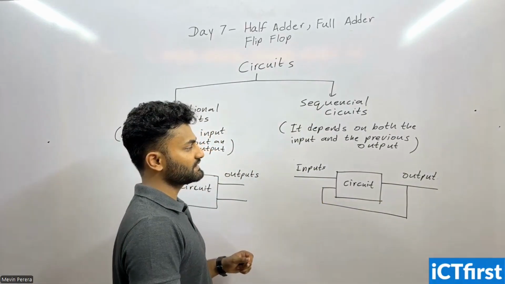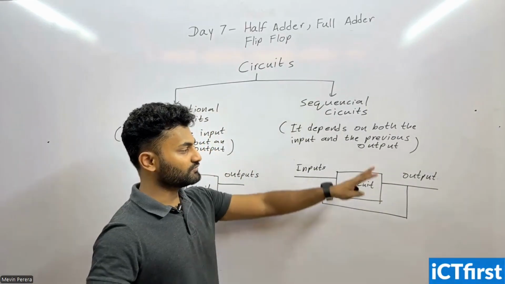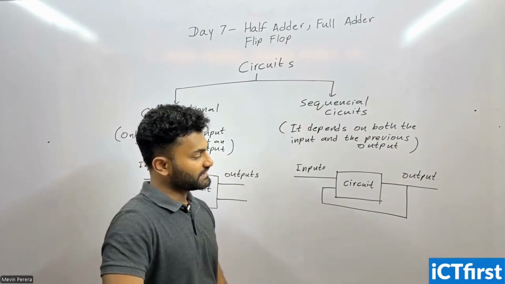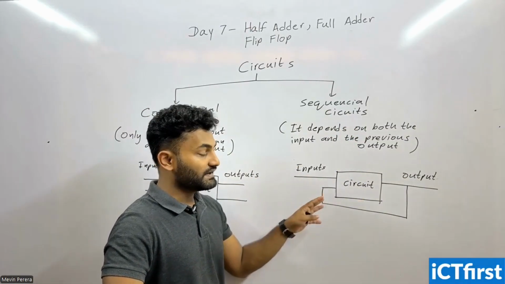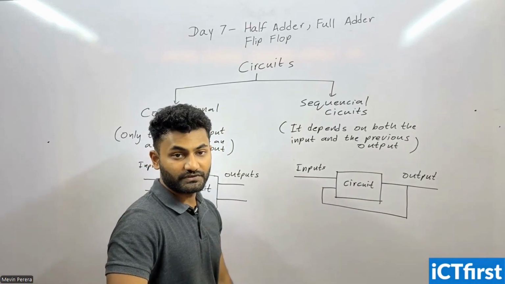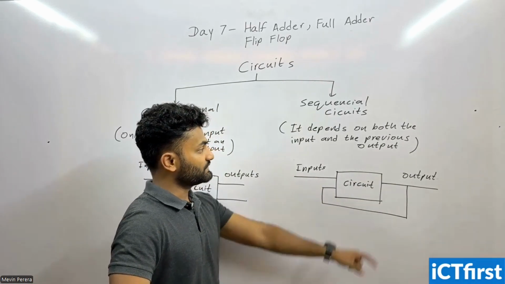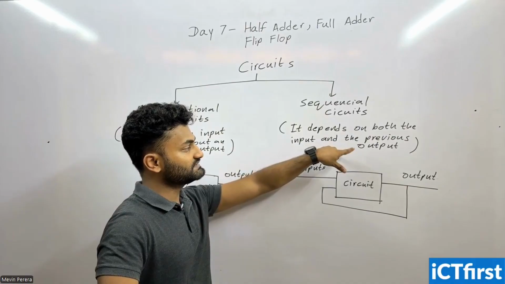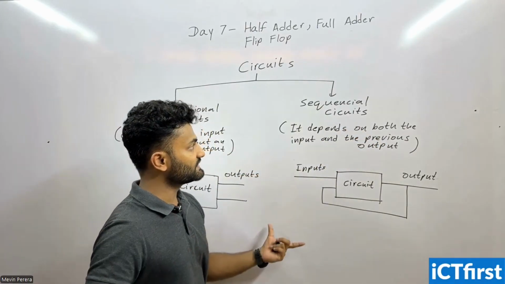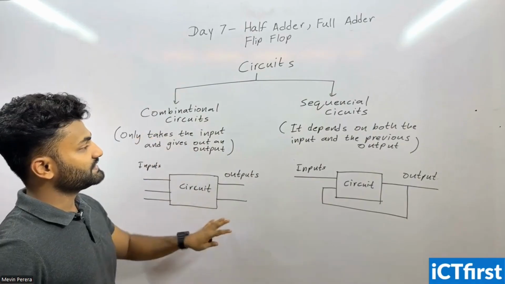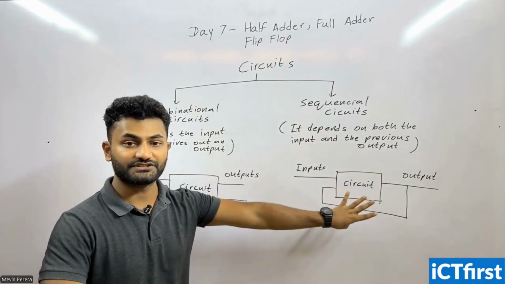It's kind of like a memory. All the outputs are kept in a memory, and that output will affect the next output as well. So it depends on both the inputs and the previous outputs. That's the difference between combinational and sequential circuits.